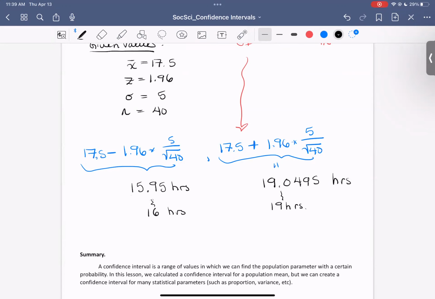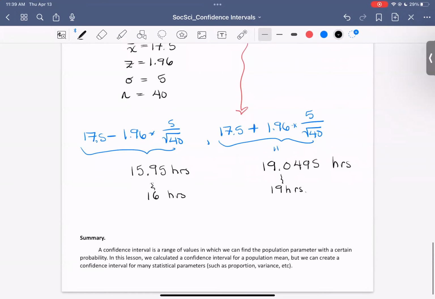So how would we interpret that confidence interval or write a complete sentence of our solution? Well, we could say we are 95% confident that the average number of hours worked outside of class for all students is between 16 and 19 hours. So let's go ahead and write that down now.